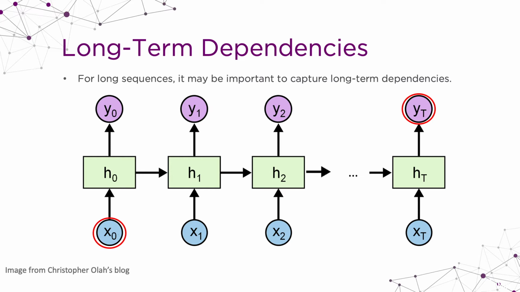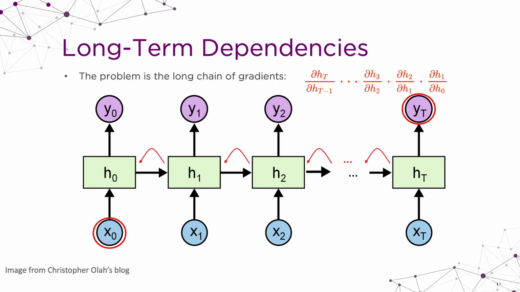And let's see what can go wrong. So here you have a simplified view of what we saw before. In particular, I'm just focusing on when we backpropagate and on that long chain of multiplication that you saw in the example when we were computing the gradient. You see that the number of elements in this multiplication is the number of elements in my sequence.